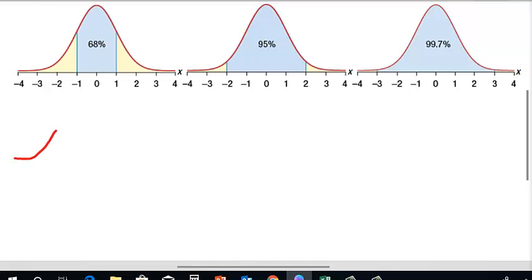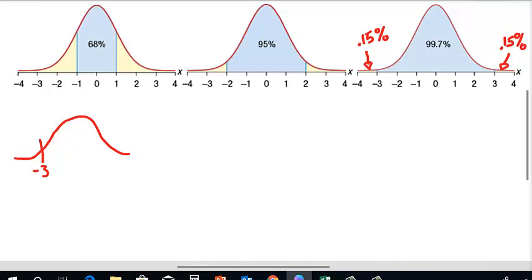So let's start with -3. So let's say I was down here at -3. Okay. Well, if we were between -3 and 3, we know that would be 99.7. So there is 0.3% missing. So in this bottom tail right here, if I take that 0.3 and chop it in half, that would be 0.15% down here. And then I'm going to have 0.15% up here.